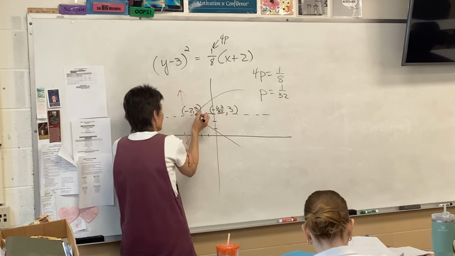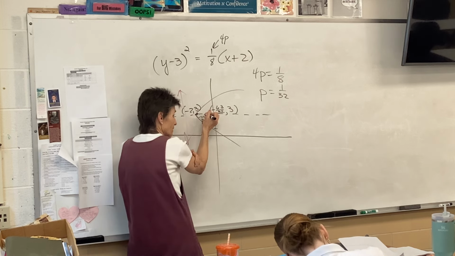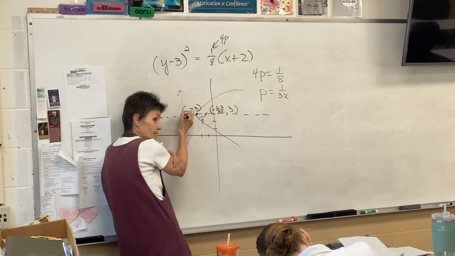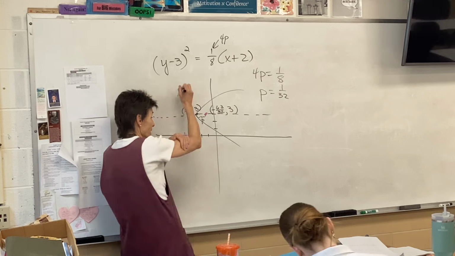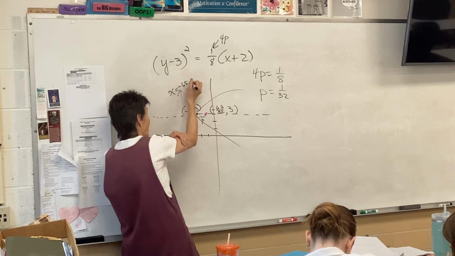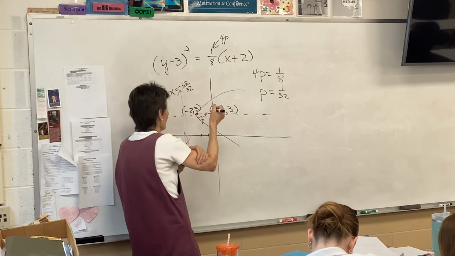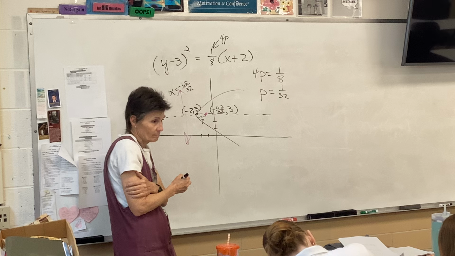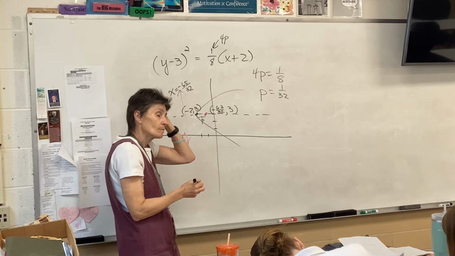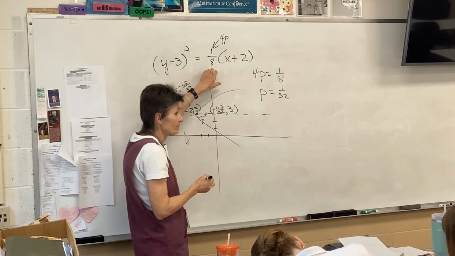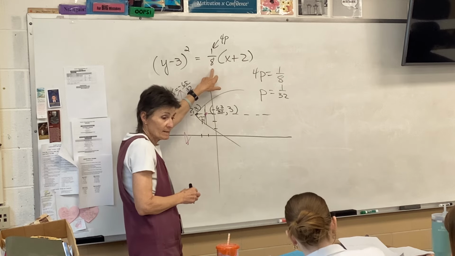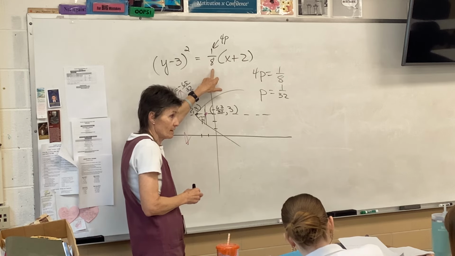And if you went forward 1/32 for your focus, then you're gonna have to go backward 1/32 for the directrix. This is a line, x equals negative 65/32, or negative 2 1/32. And what's our focal width? 1/8, which means this guy is pretty darn skinny.